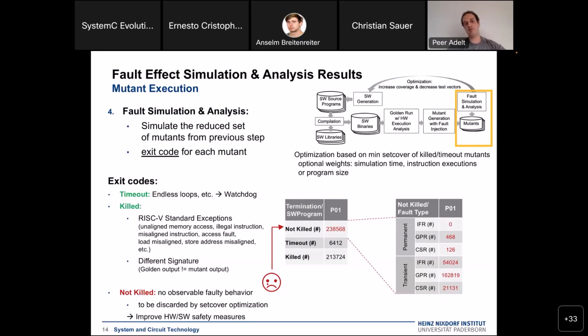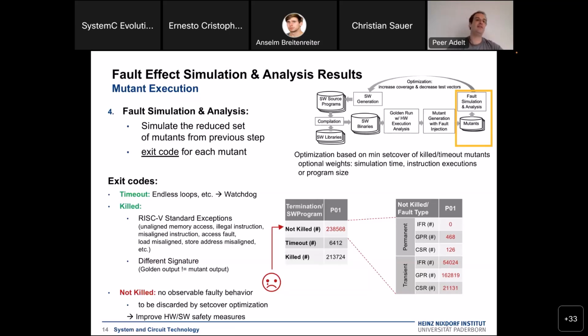A standard exception might be, for example, unaligned memory access, or we might even have an illegal instruction that's not defined in the instruction set architecture at all. So those two, and also more of the examples here in the list, would result in an exit code that's not normal, but instead shows you that something terribly happened.